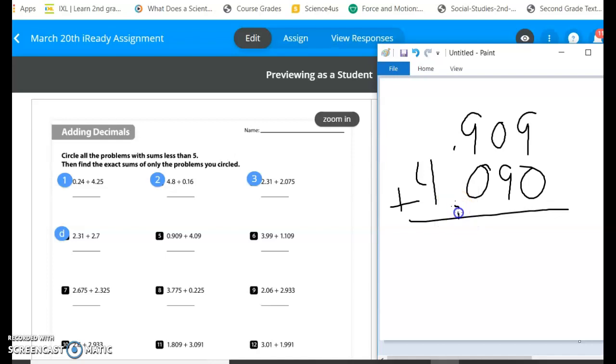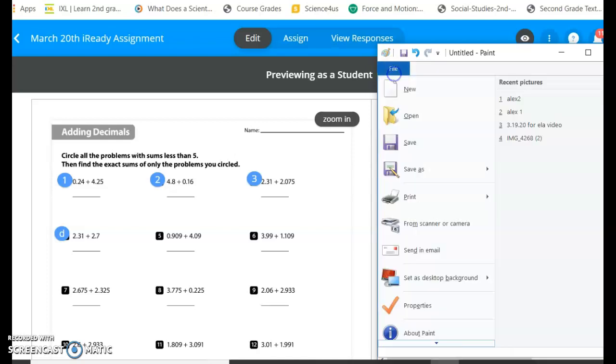So my decimals go straight down. So that's where my decimal is going to go. 9 plus 0 is 9. 9 plus 0 is 9. 9 plus 0 is 9. 4 plus nothing is 4. So my answer is 4 and 999 thousandths. Sorry, that was a tongue twister.